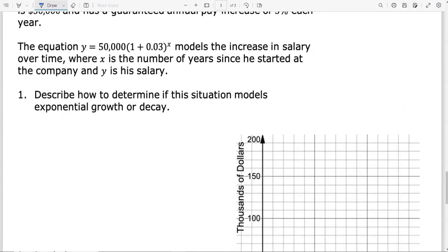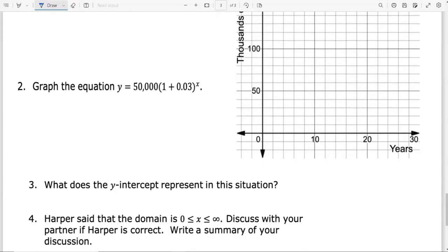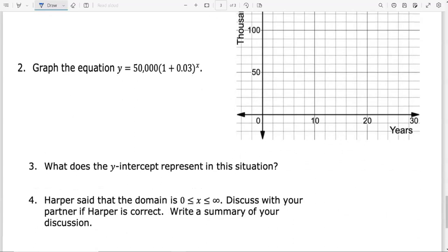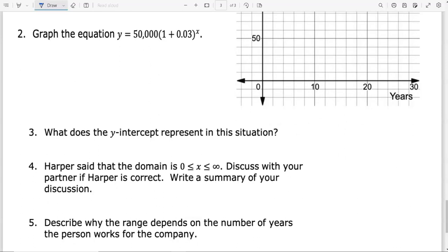So determine if this situation models growth or decay, then you're going to graph it. It's going to ask you, what does the y-intercept represent? His friend Harper says the domain is between 0 and infinity. So we'll see if that's correct.